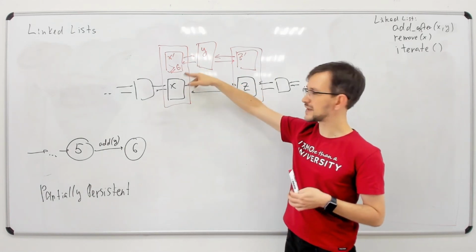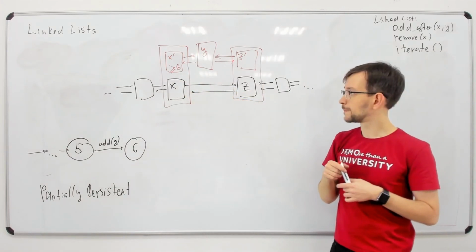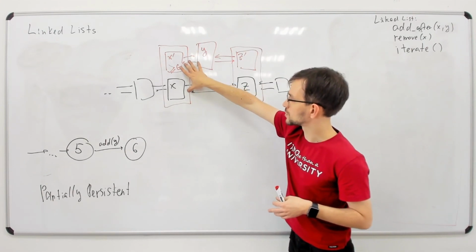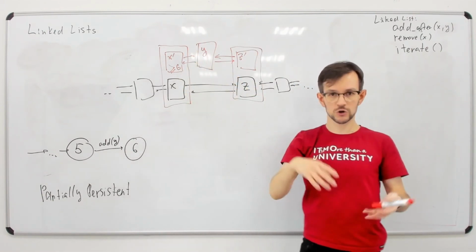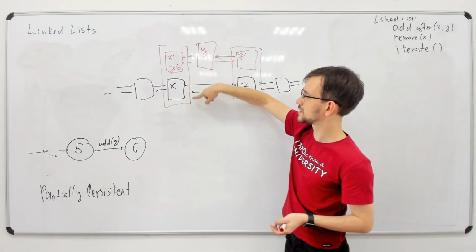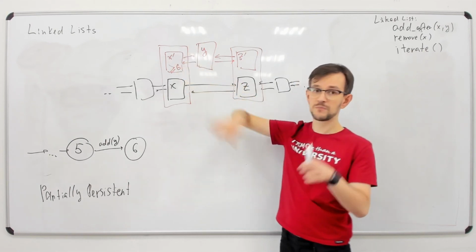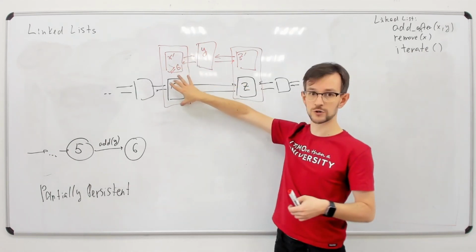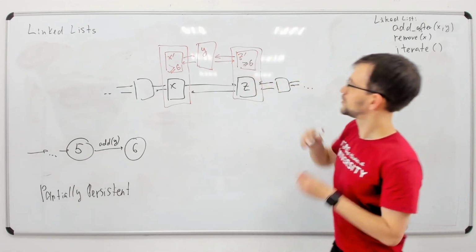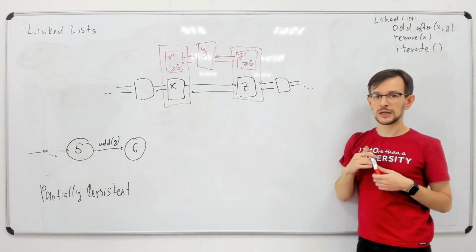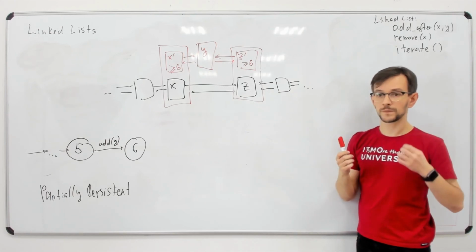And if the version is less than 6, then we use the previous version. So we maintain two versions and this number. This number says that if the current version is greater or equal to 6, then please use this version of node x, and before version 6, please use this version of node x. And same thing here. This new version is used only from version 6 on. That's all.